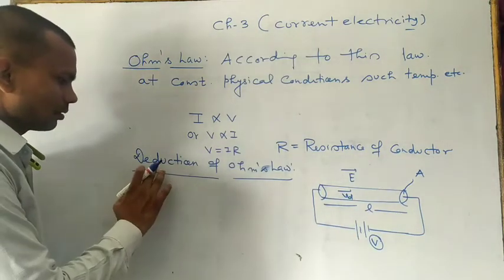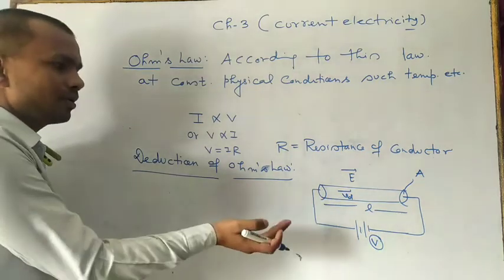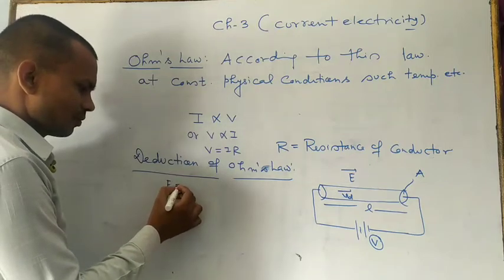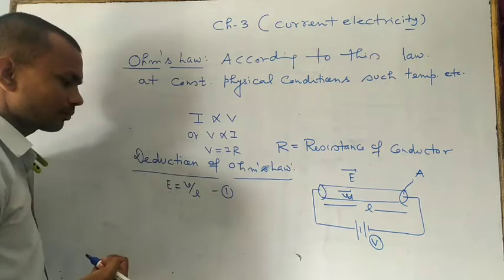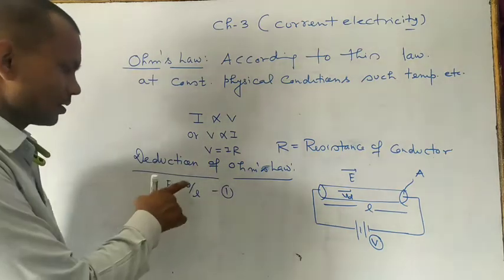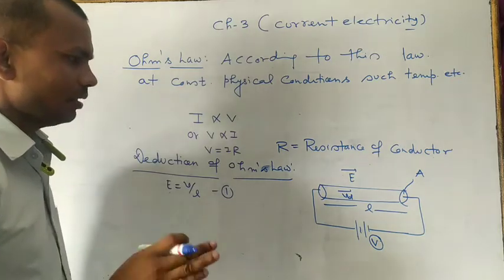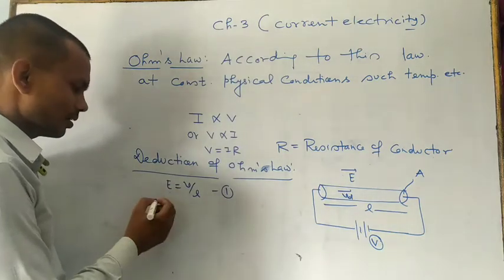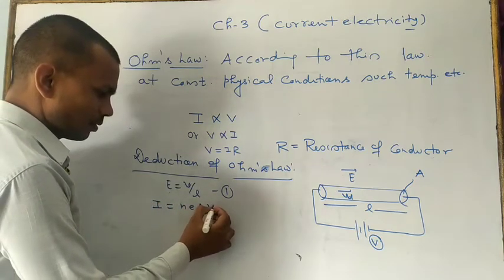For the deduction of Ohm's law, we know the relationship between electric field and electric potential: E equals V by L. Suppose this is the first one. In chapter 2 we have studied this. And in the previous class we discussed the relationship between electric current and drift velocity: I equals NEA VD.